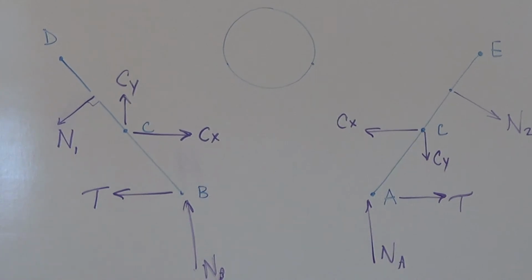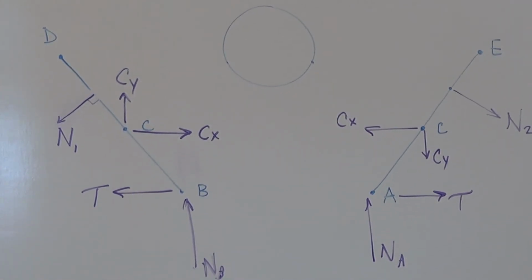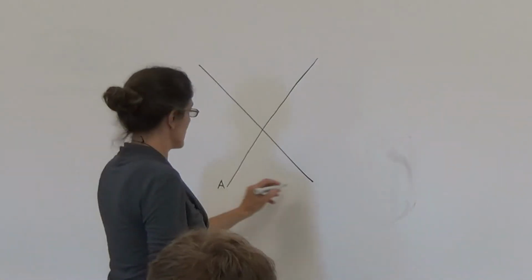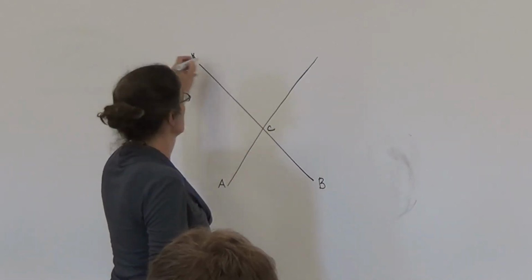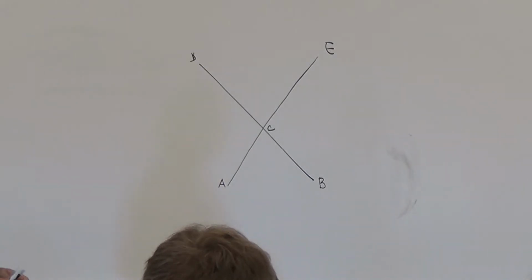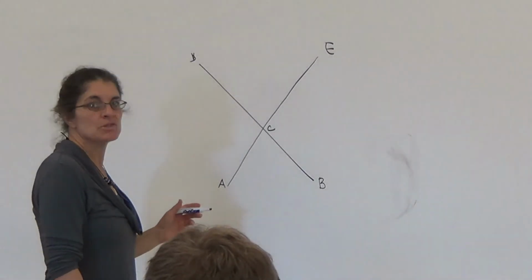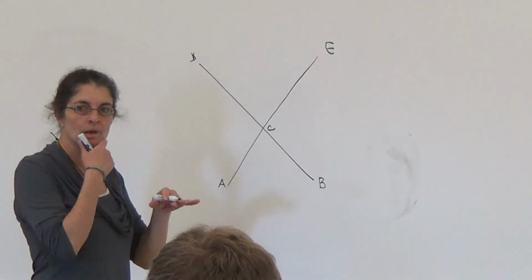So if we drew these two together, and this is A, B, C, D, and E. What would I draw on here? We did this way back when we were doing statics problems before we got into the moment stuff.